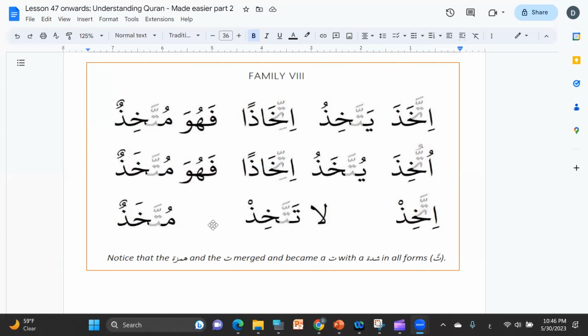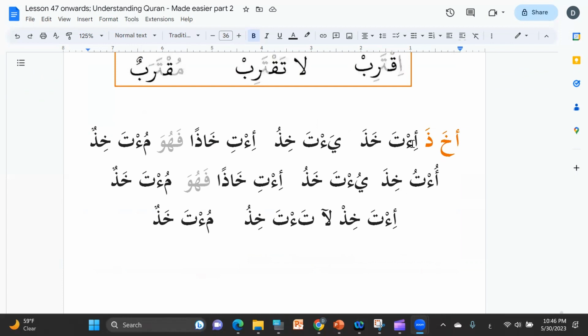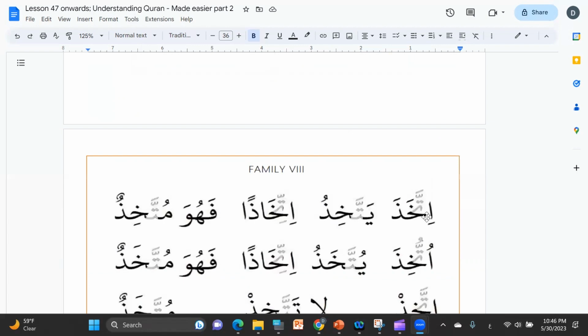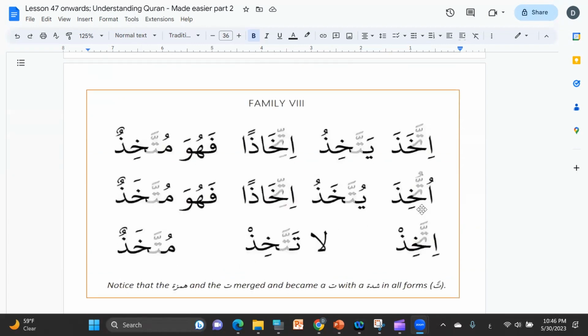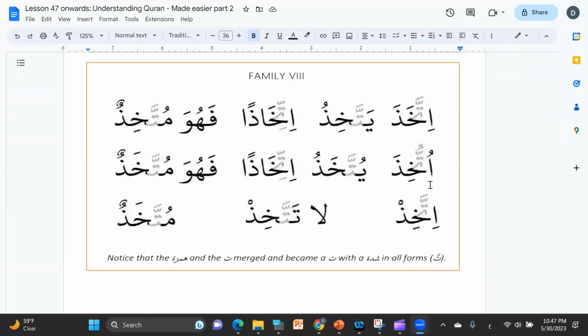So over here in family 8, Hamza is replaced with Ta. Every time there was Hamza, it is replaced with an extra Ta, and because there are two Ta, we put a Shadda on it. So these are the abnormalities with family 8, Bab Iftial.